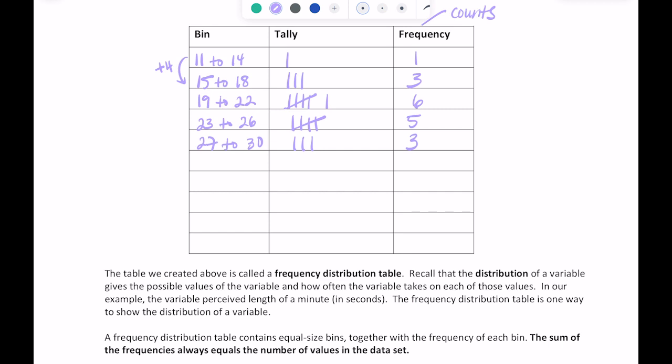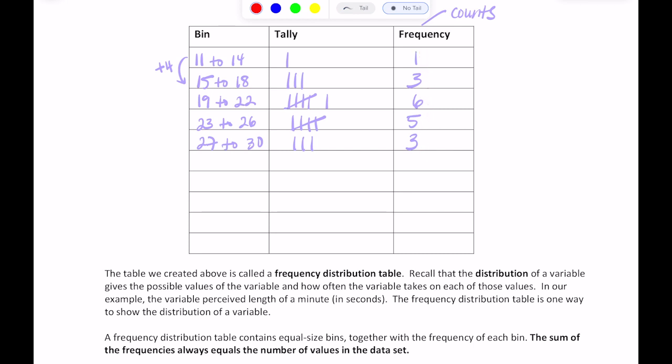We also know that as a frequency distribution table because it's showing you the intervals and then the counts within each interval. So if you'll recall, the distribution of a variable gives the possible values of the variable and how often the variable takes on each of those values. So these are your possible values, your intervals, and that's how many times each occurs.